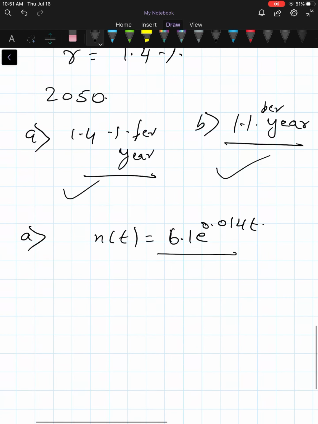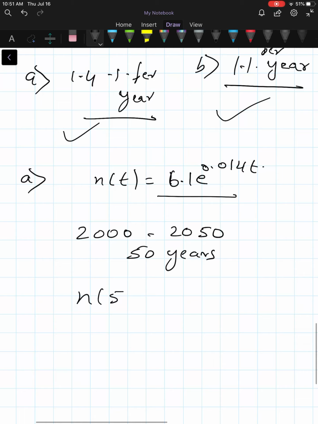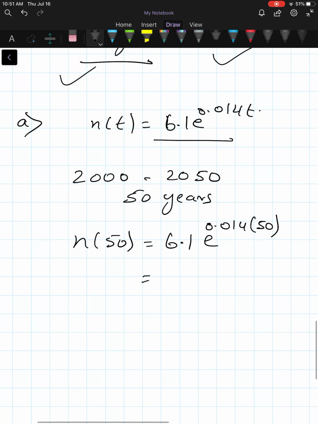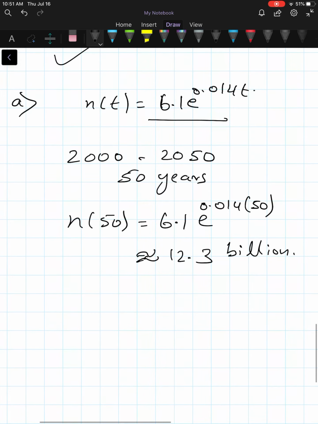Because the year 2050 is 50 years after 2000, we find n of 50 equal to 6.1 e to the power of 0.014 times 50, since t is 50. So this would be approximately 12.3 billion. So the estimated population in the year 2050 is 12.3 billion.